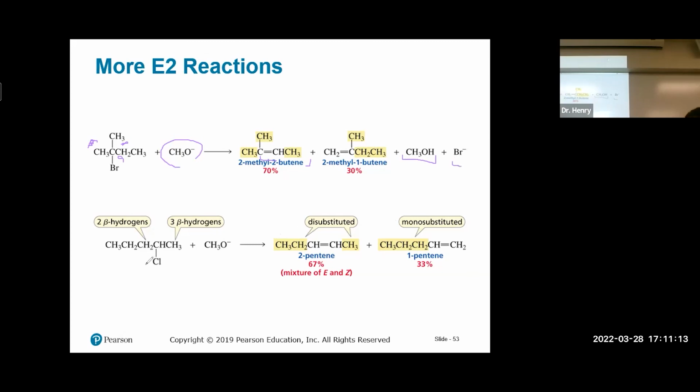So in the case of chlorine, again, these are going to be our betas, so our beta carbons. These are going to be our beta hydrogens. So in this case, we're going to end up with a disubstituted alkene.